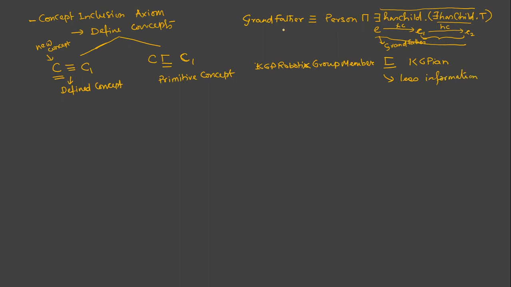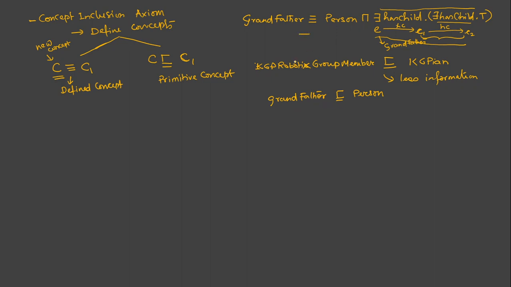But this definition of grandfather is somehow in its sense a complete one, right? So it is providing much more information. So for example, if we had something like, say, grandfather, father is a subclass of person, you see we are providing much less information here than this, right?